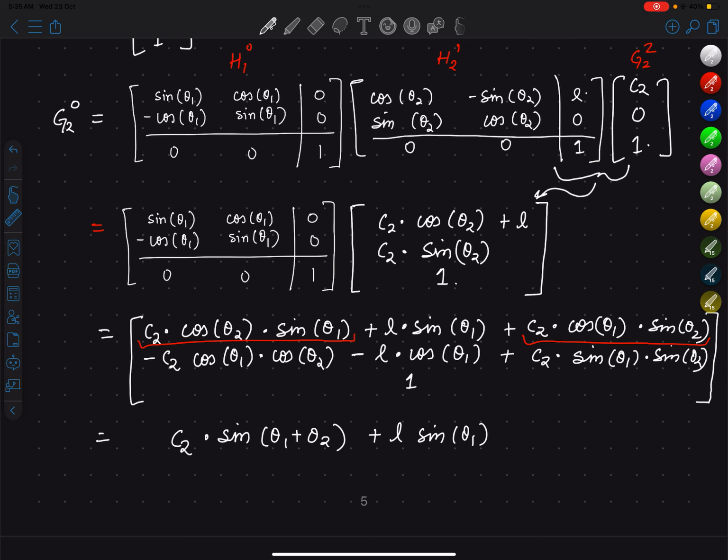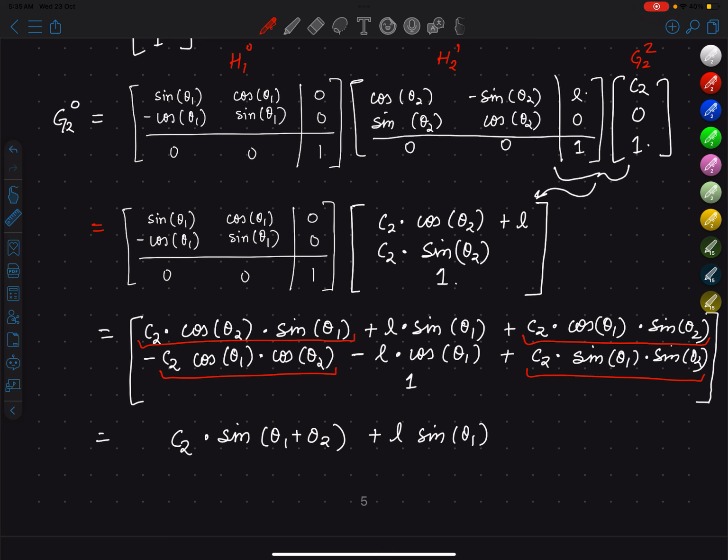Alright, in the second element, if you see this and this, if they get added, what they will be is minus of cos theta 1 plus cos theta 2, if I'm not wrong.